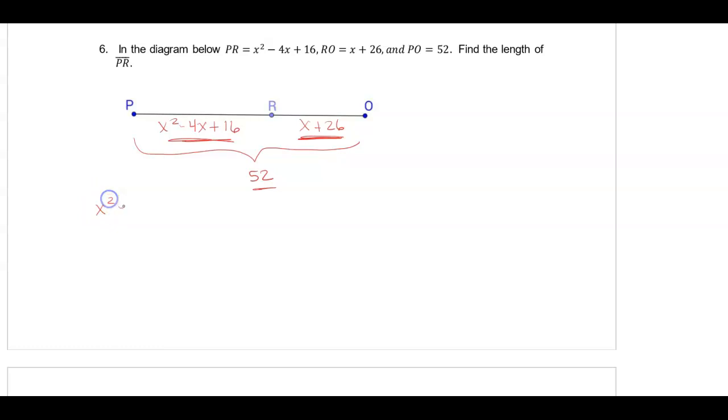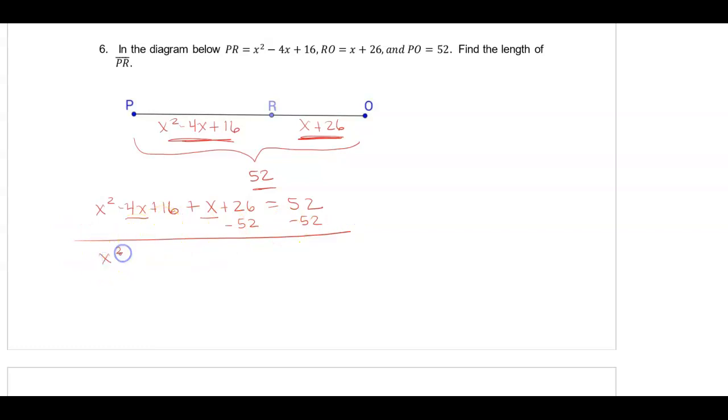x squared minus 4x plus 16 added to x plus 26 equals 52. Now we have a quadratic equation, and the first thing we'll do is get everything to one side. I can also put negative 4x and positive 1x together. So I'm going to subtract 52 from both sides, and I will put those two terms together at the same time.